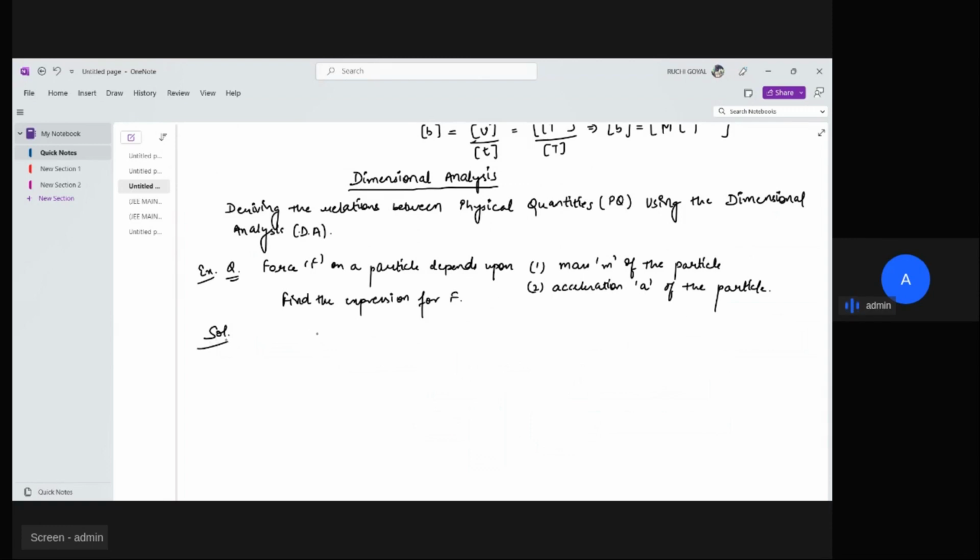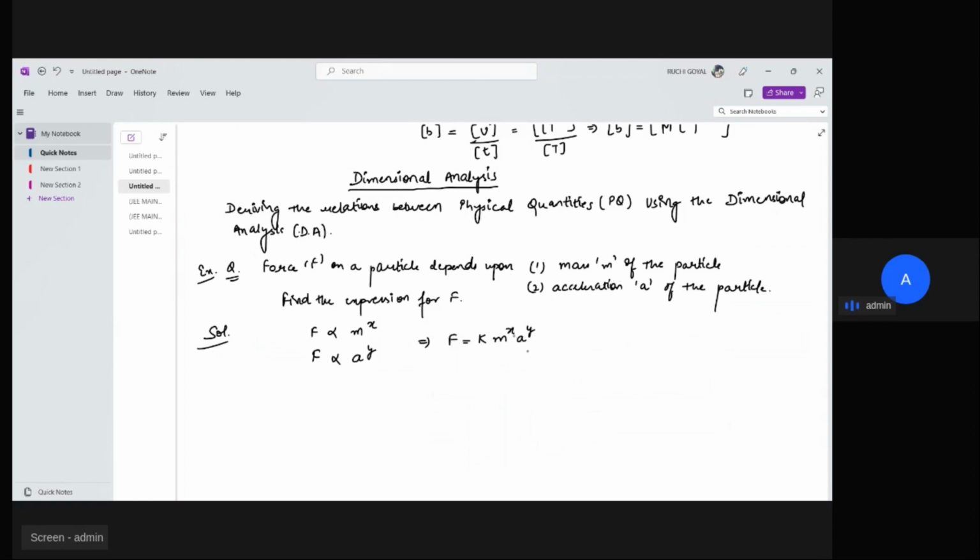To derive the relation between physical quantities, first we have to write which quantity depends on which. F depends firstly on m, that is mass. We can write m raised to power x. Then force also depends upon acceleration, which we raise to power y. Combining these two, the proportionality sign is removed and a constant comes: F equals k m to the power x, a to the power y.